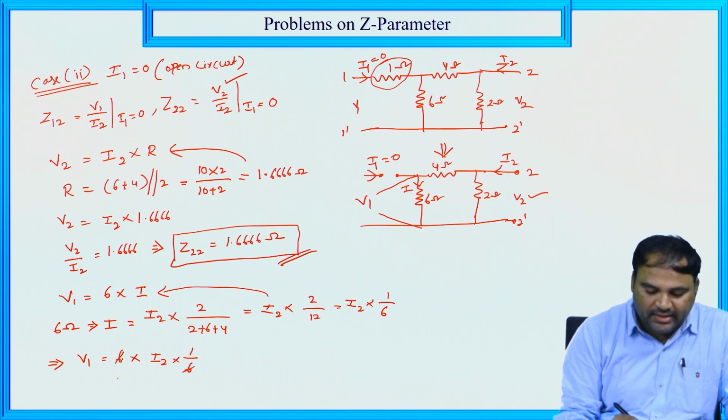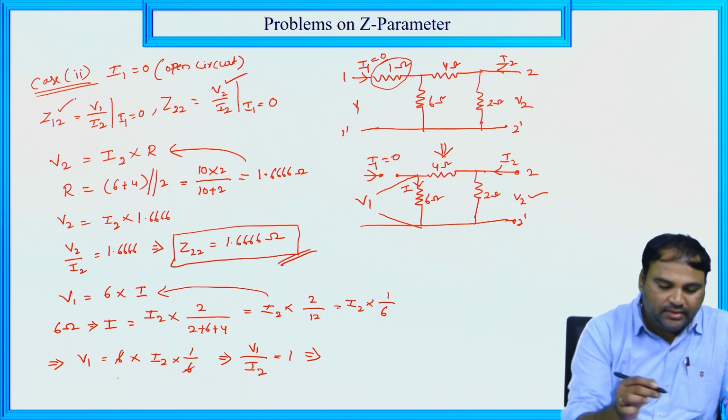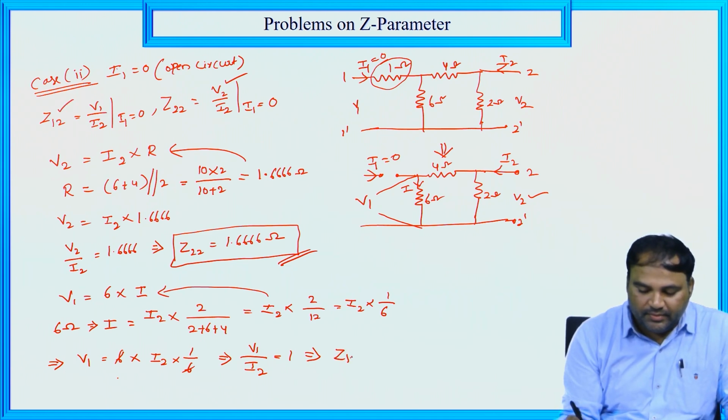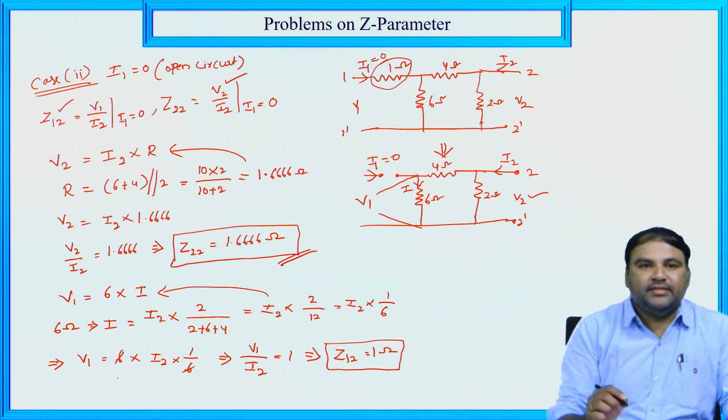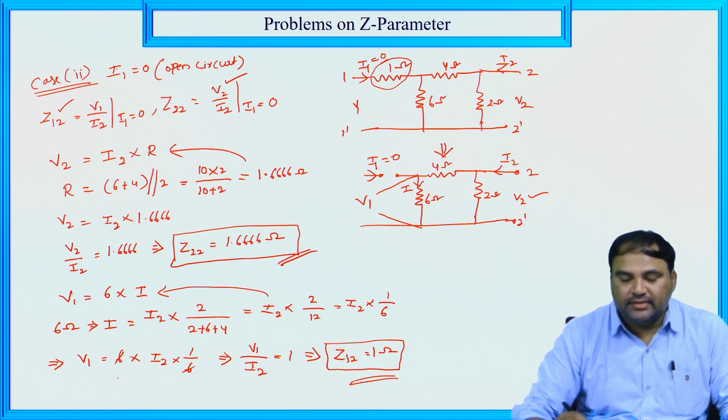So the 6 gets cancelled. That implies V1 by I2 equals 1, and V1 by I2 is nothing but Z12. So Z12 equals 1. Here is the fourth parameter, Z12.